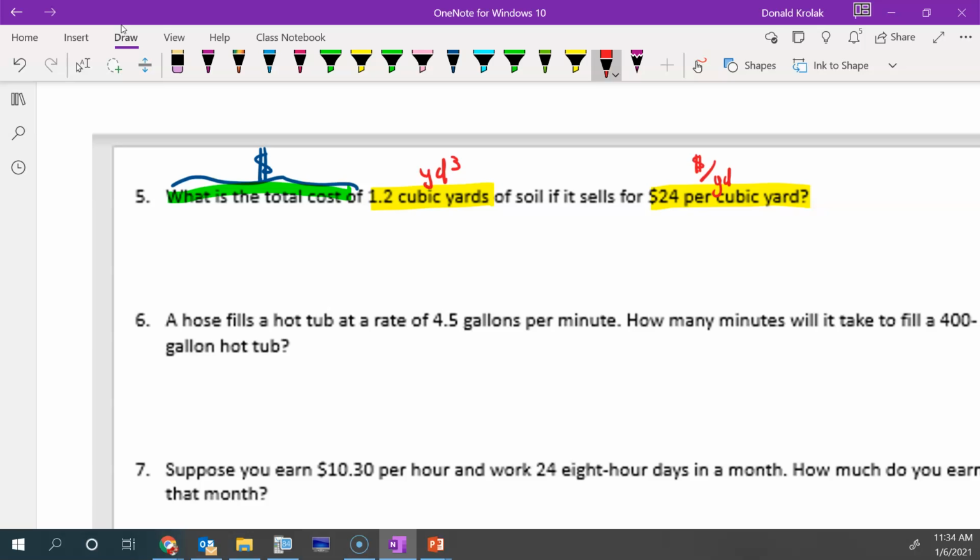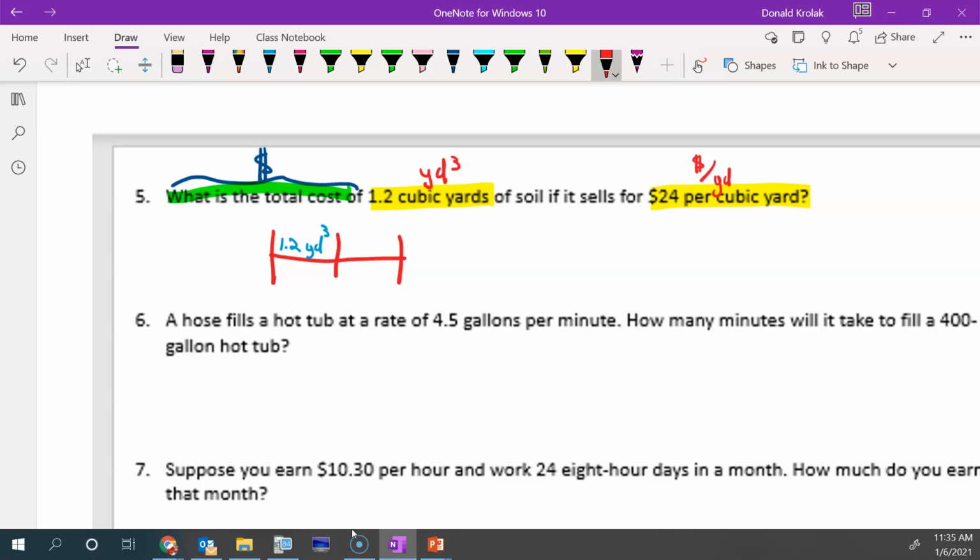All right, so we want to end up with this. Okay, so I got two givens. I'm going to take my 1.2 cubic yards. Okay, and this is going to be $24 on top and 1 cubic yard on the bottom. There.